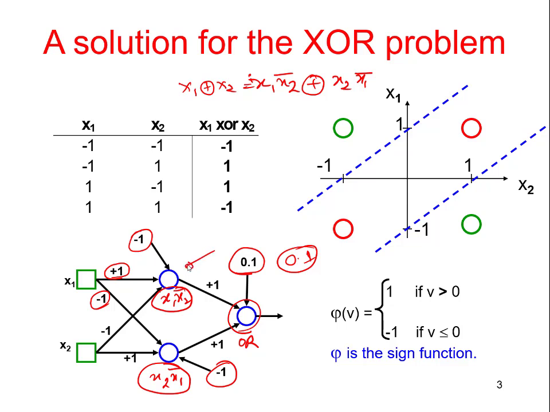And at this neuron, we are actually implementing x1 and not x2. So if you can see the linear separability line, x1 and x2 bar can be represented with a single line, a single perceptron line, and it can be called a perceptron.